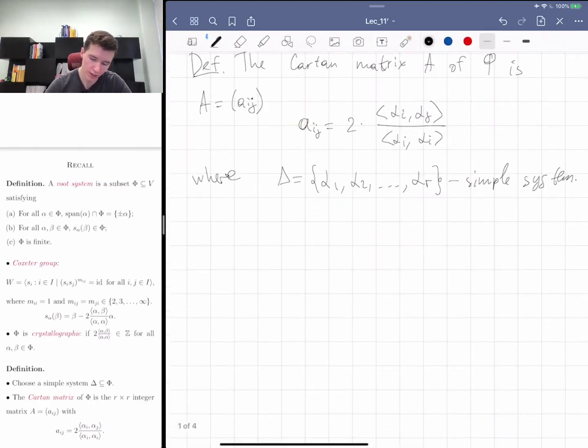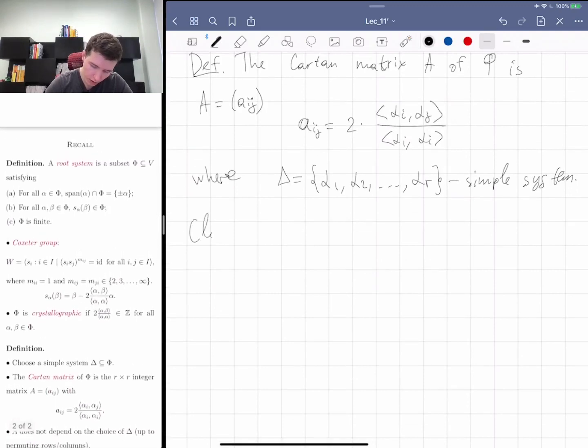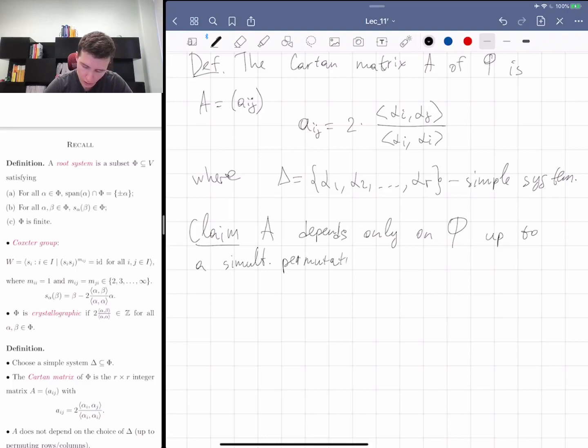More precisely, claim: the Cartan matrix depends only on the root system phi up to a simultaneous permutation of the rows and columns.